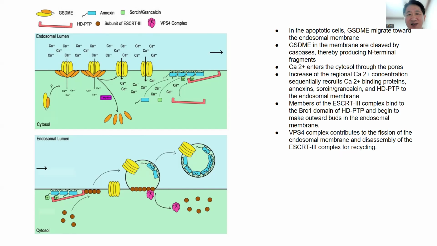And also, that's the comment. And same thing, you made the whole picture about the whole process about the gasdermin and how it's going to work as an exosome in the cancer cell. But the thing is, you have to explain why you do this experiment. I mean, why are you doing this experiment?